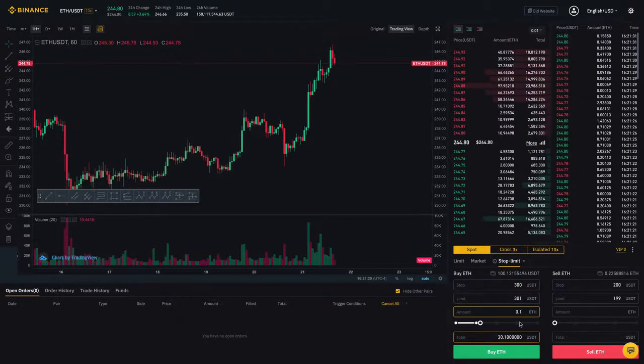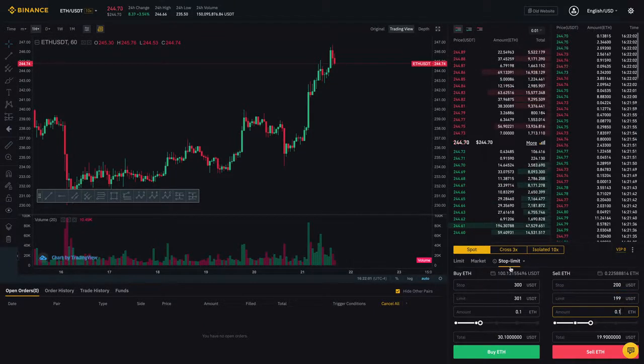So that's what it means, and it will cost me this much. On the flip side, this is saying that if Ethereum goes below $200, I'm willing to sell it for $200 down to $199, and I'm going to put in my limit, right? So if Ethereum goes below this number, I'm going to sell it down to $199, and it'll automatically sell.